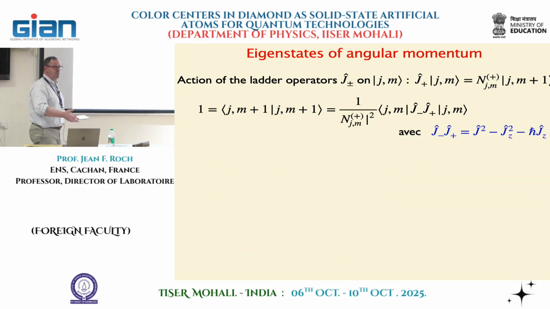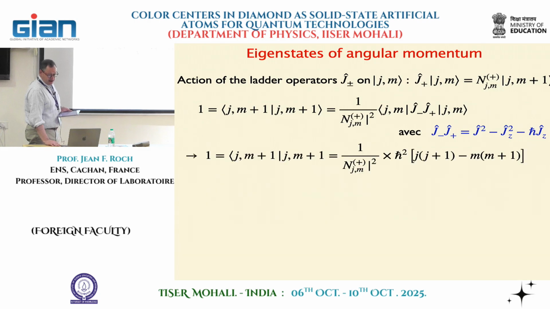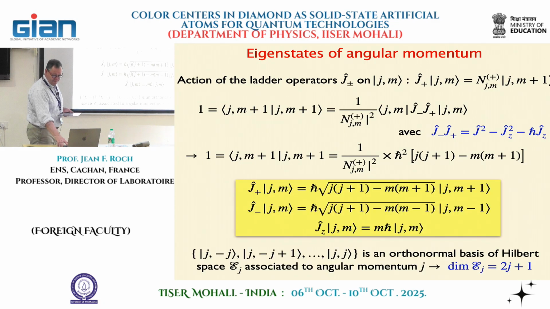Now, what I can do more, again, is some reminder of quantum mechanics, but we will have to use that after. That's what I want to remind you of, these very simple quantum mechanics results. I can try to define now the eigenstates of angular momentum. This is, again, done using the ladder operators J plus minus acting on the state |J,m>.